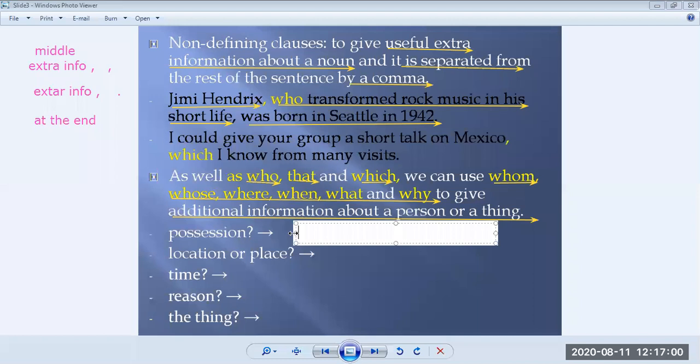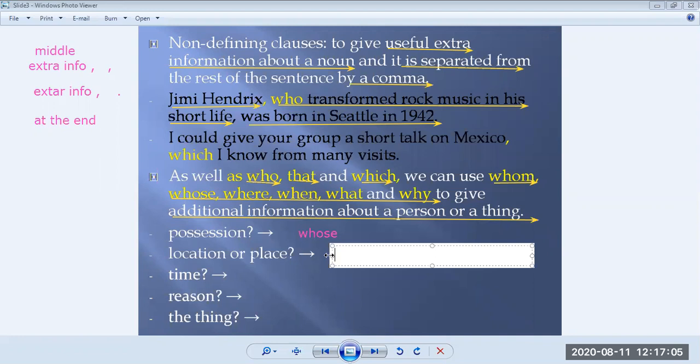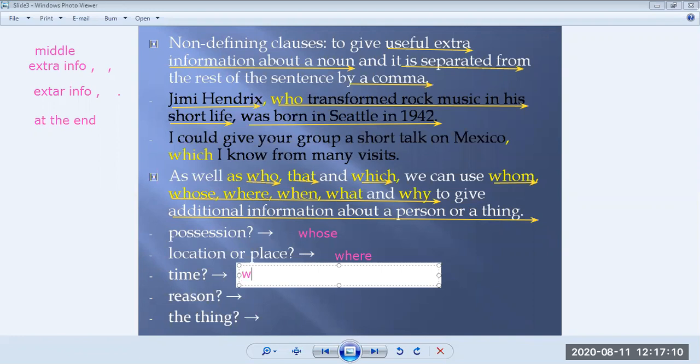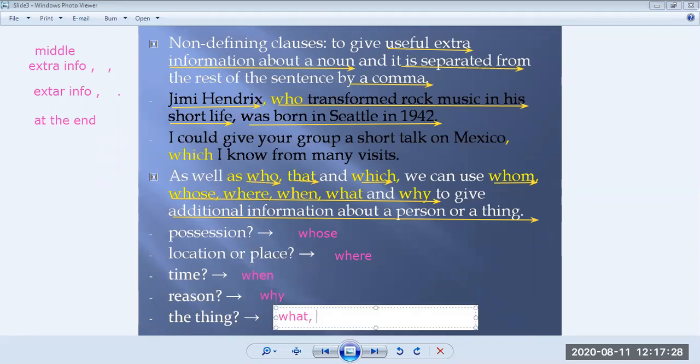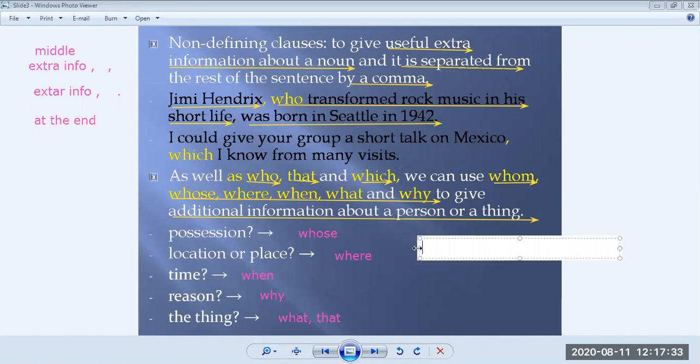Possession, I would use whose, right? Location or place, I would use where. Time, when. Reason, what would you use? Any reason, why. To give a reason, we would say why. The thing, what or that. What about a person? As a person, we're going to use who.